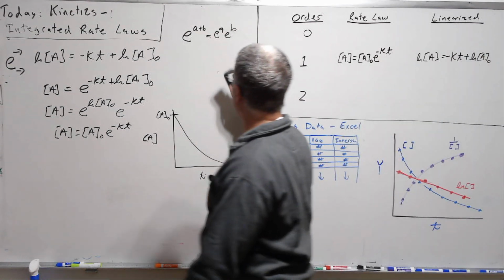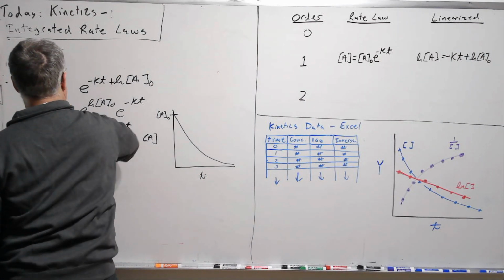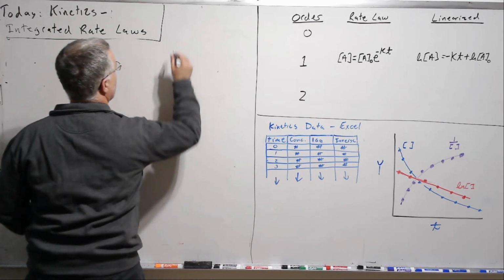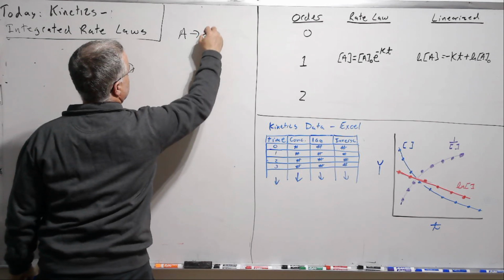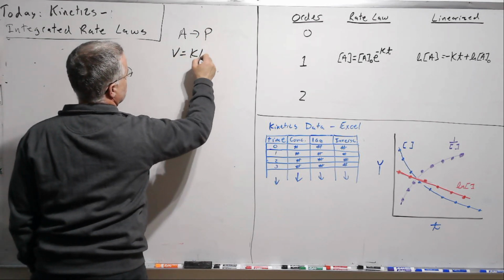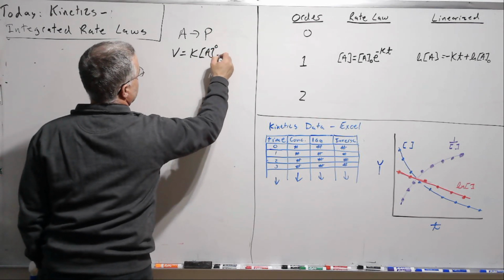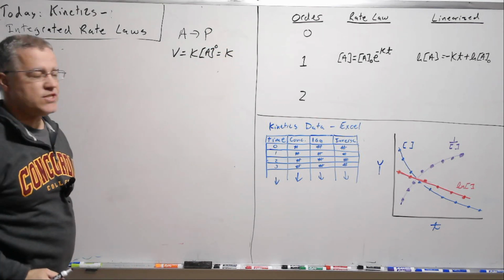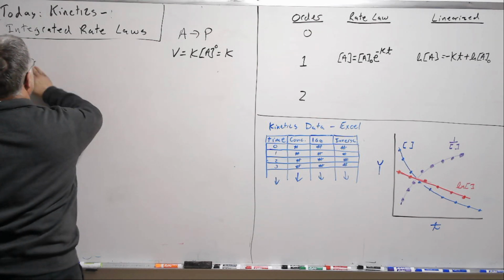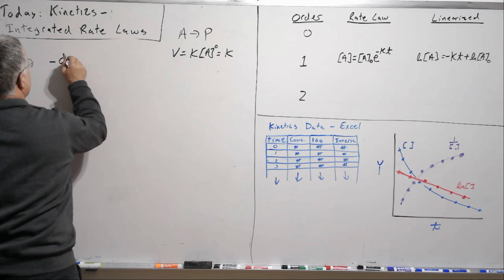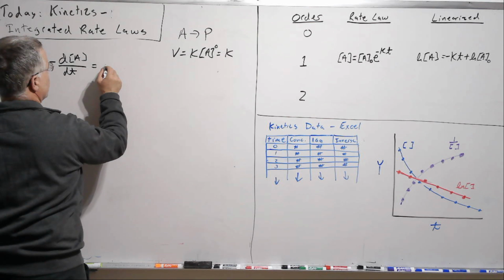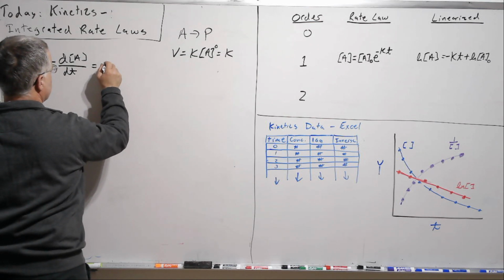Let's go ahead and do 0th order. And so we just have velocity being a constant here. So we have minus dA dt equals k.